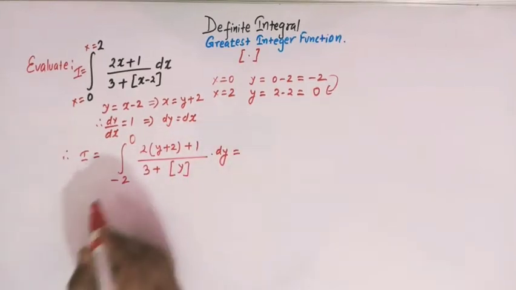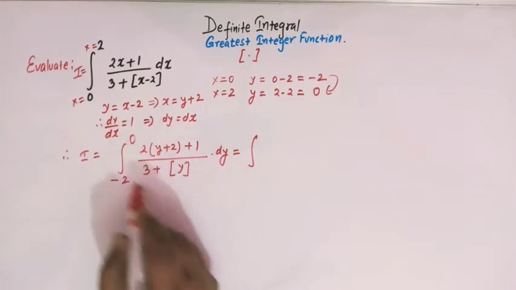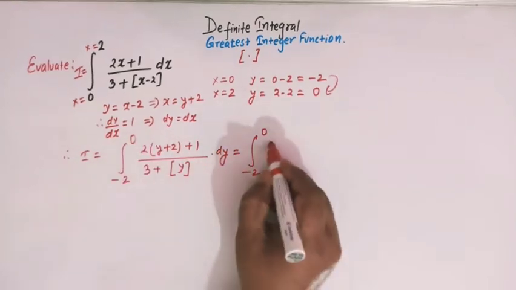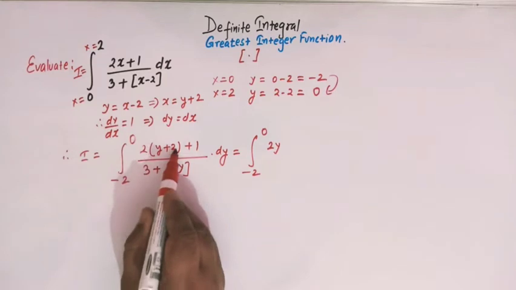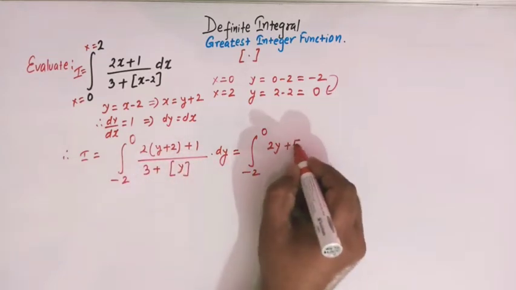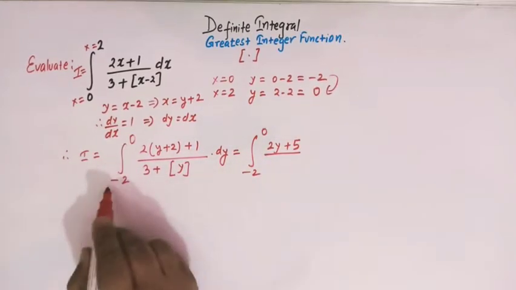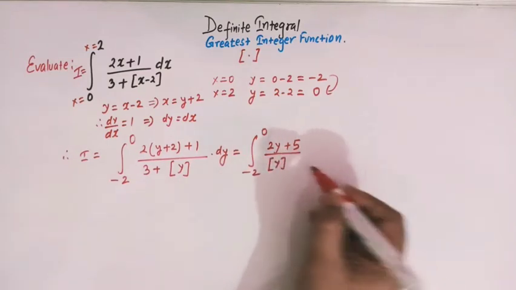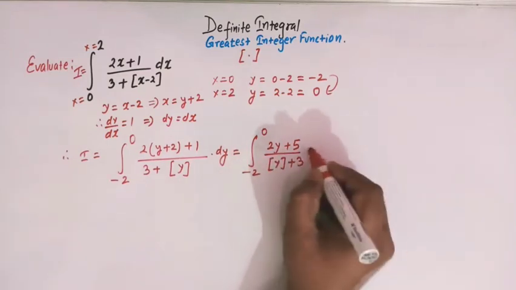Simplifying, we have the integral from minus 2 to 0 of (2y plus 5) over (the greatest integer of y plus 3) dy.